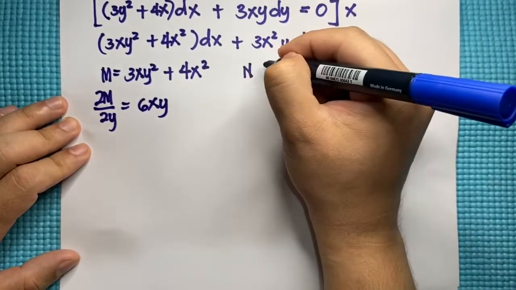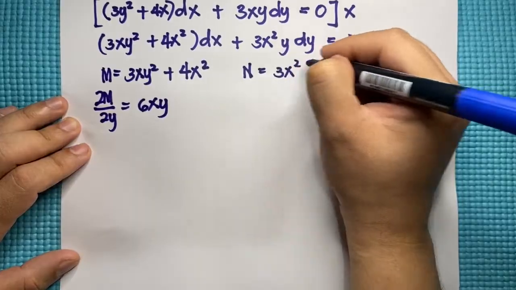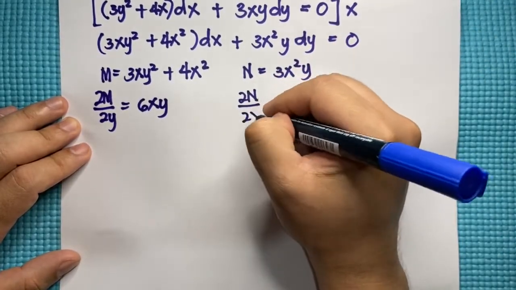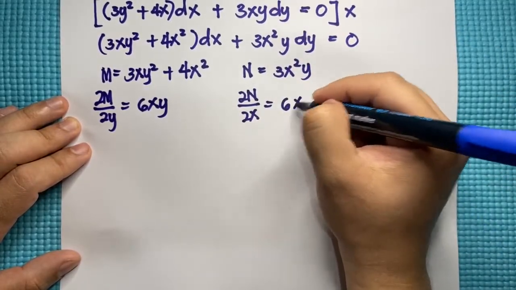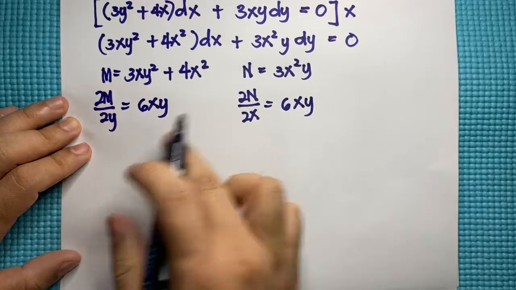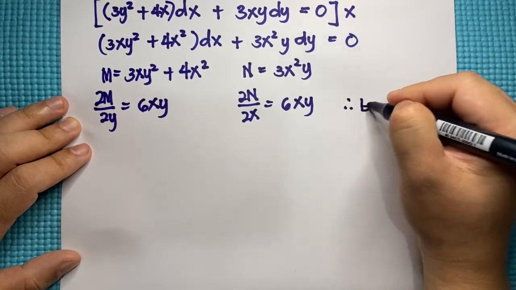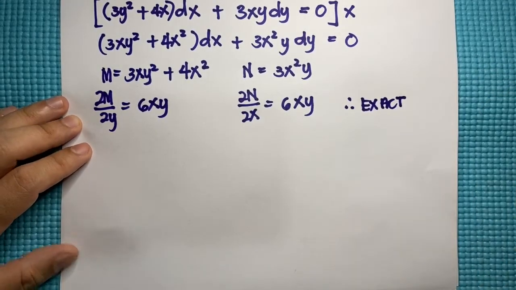While our N is equal to 3x squared y, the partial derivative of N with respect to x would be 3 times 2, which is 6, x times y. So as you can see, this time, the two are equal, making our equation now exact.